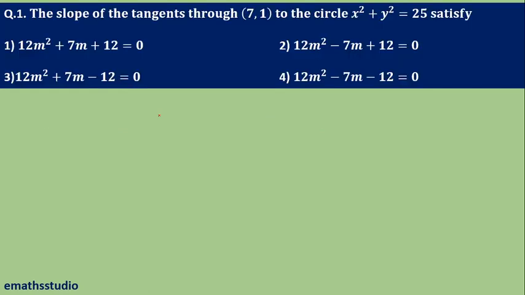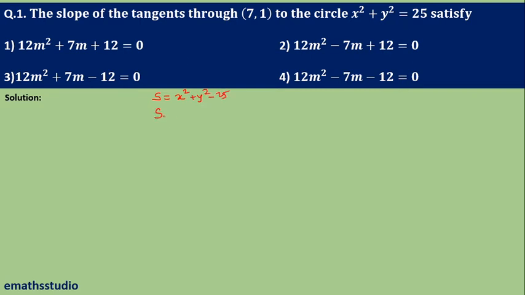The question is: the slope of the tangents through 7 comma 1 to the circle x square plus y square is equal to 25 satisfies which of the given equations. First of all, if somebody wants to understand where 7 comma 1 lies with respect to this circle, you can write the circle as S, which is x square plus y square minus 25.